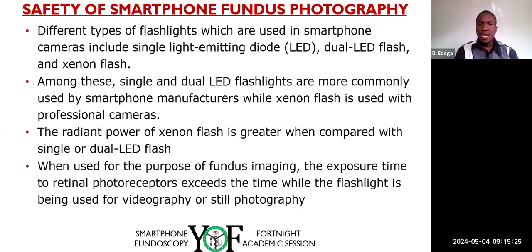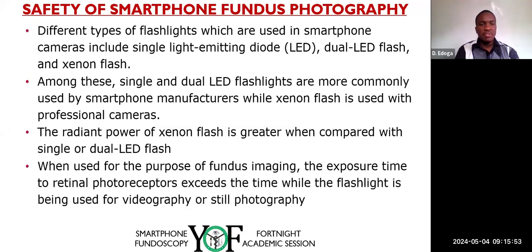In my own study, I used an iPhone 6s. The iPhone 6s has a dual flashlight system. One is white, the other one is yellow, and it has just one camera system. Unlike some of the more recent iPhones that have xenon flash, and then they have multiple camera systems.